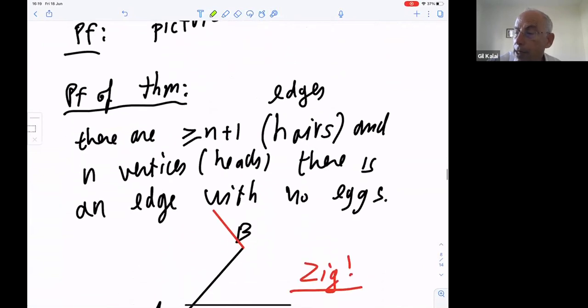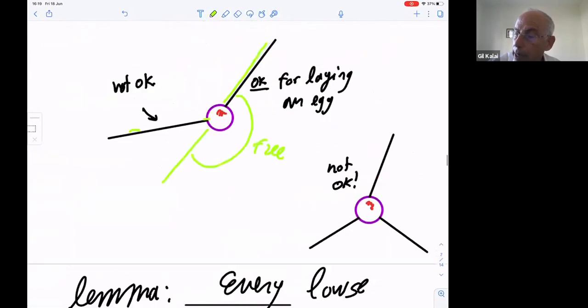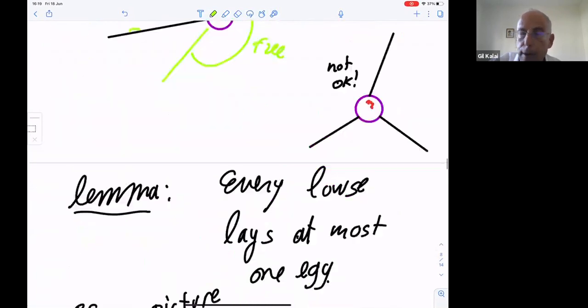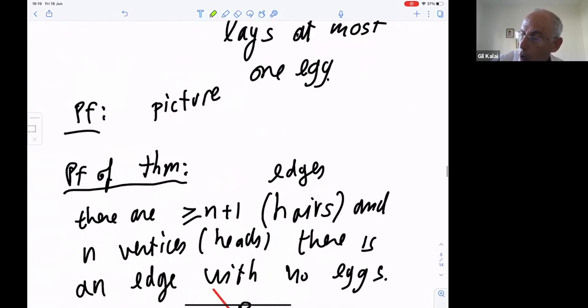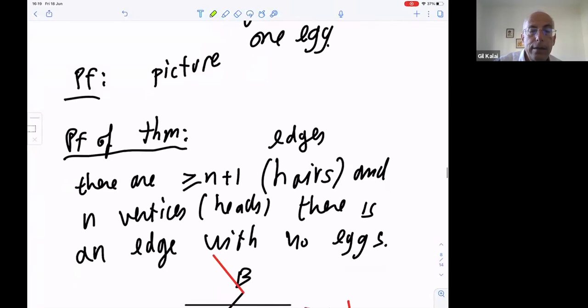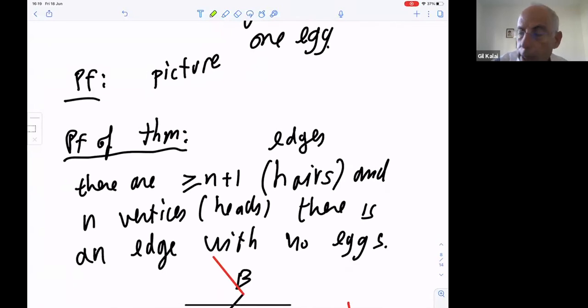Okay, now we prove the theorem, the Hopf and Pantwitz theorem. We know that there are n+1 edges and only n vertices, and there is an edge on which no egg was laid.